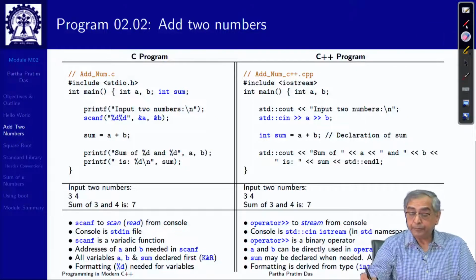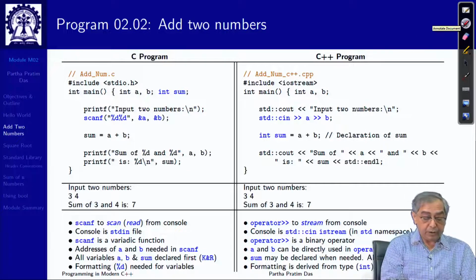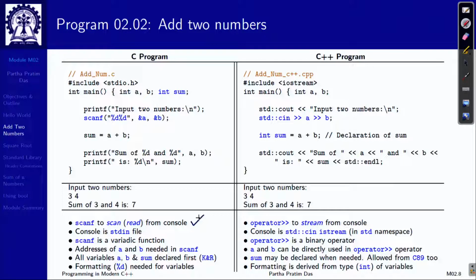then these are the things that you must note, that you are using scanf in C to read from the console, you are using the input streaming operator to read from the input stream, the console, in C++. Console is stdin, here the console is std::cin, which is an istream, I stands for input, in the std namespace.